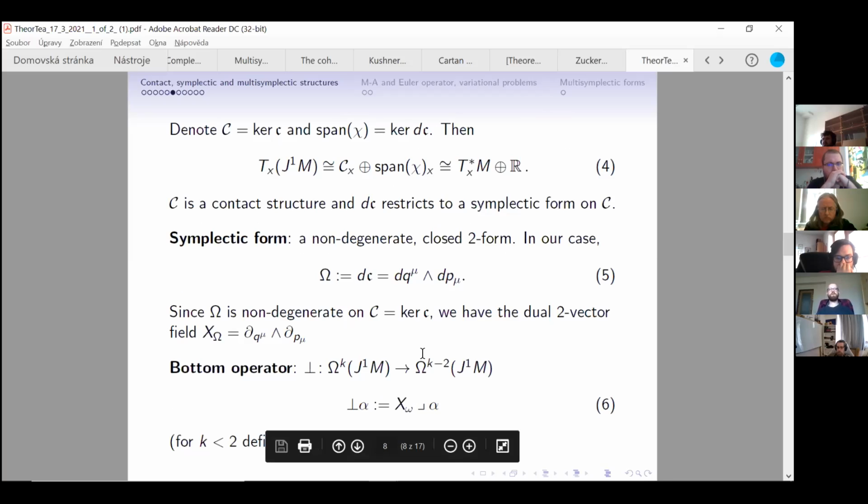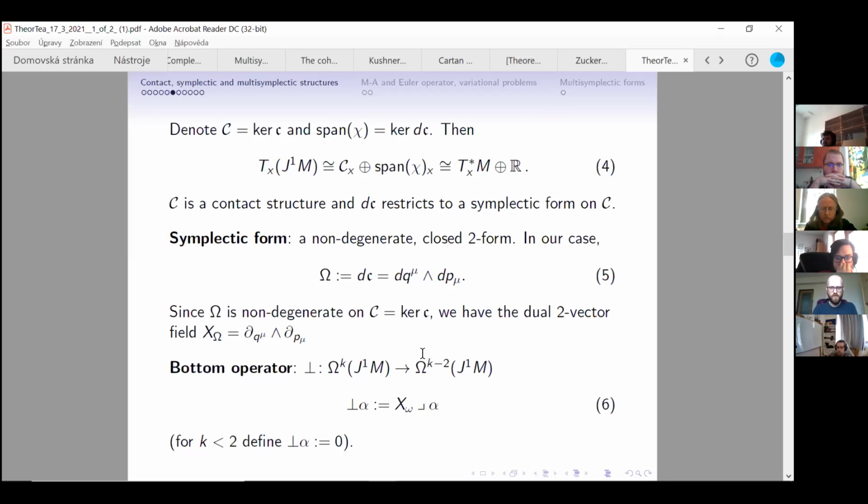Okay. So since we have the non-degeneracy of omega on C, on the distribution, we can consider the dual vector X omega, which locally has this nice expression.